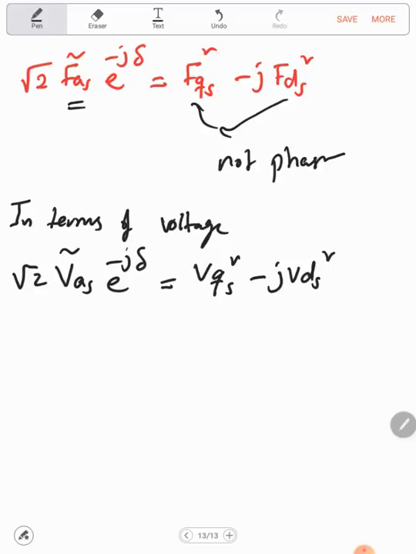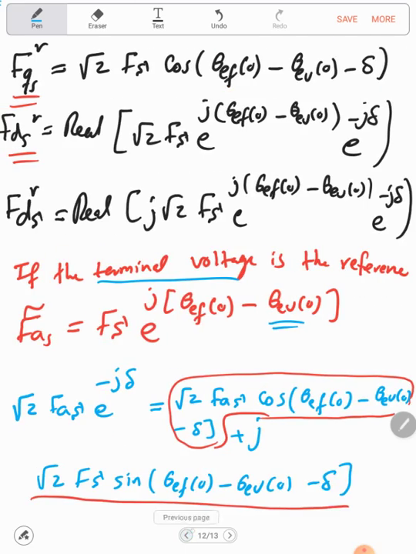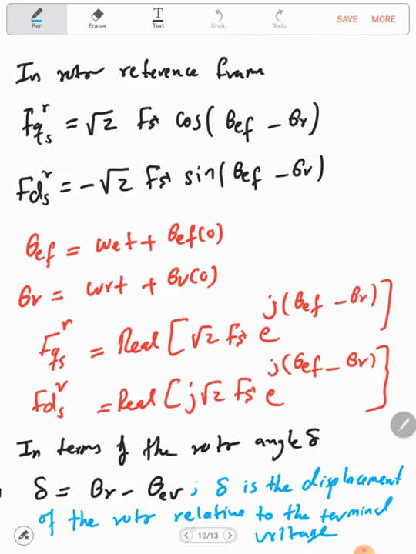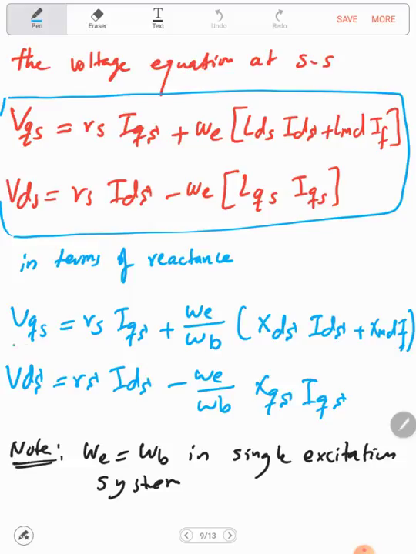Now I will substitute the value of the VQS and VDS here. From where? From here. We have VQS and we have VDS.